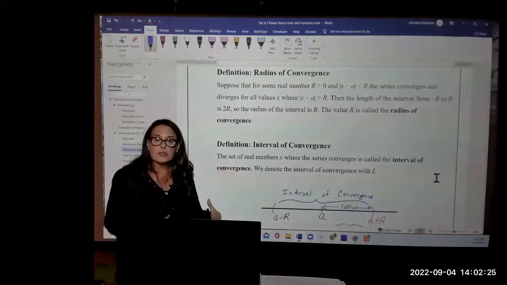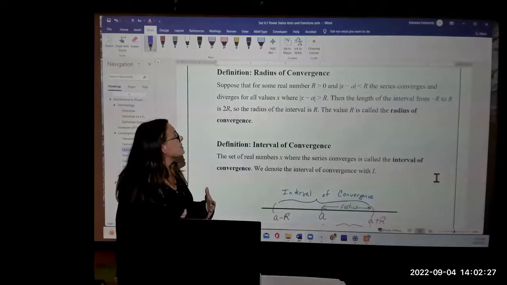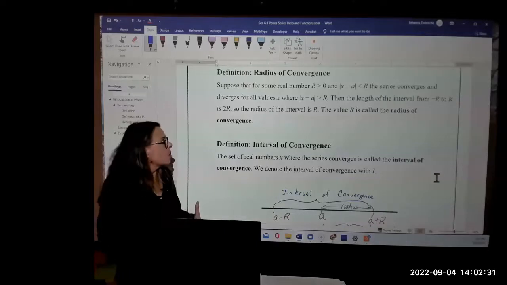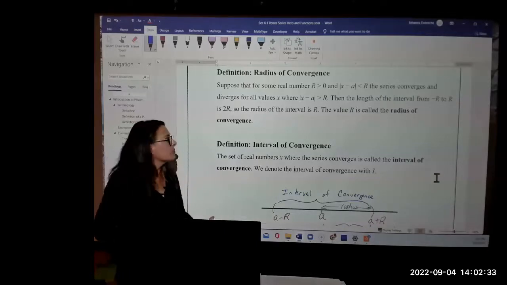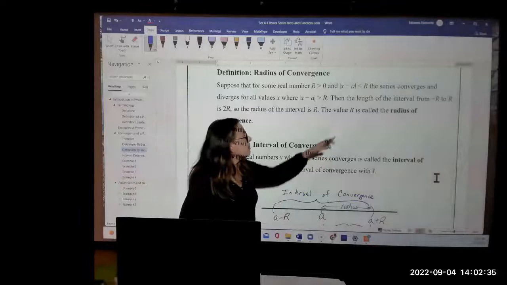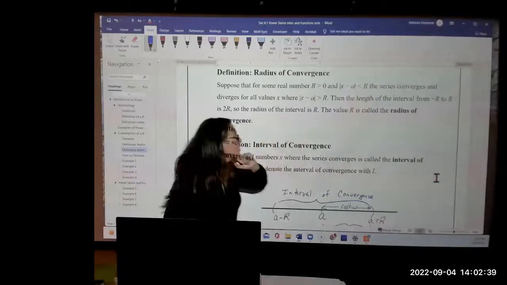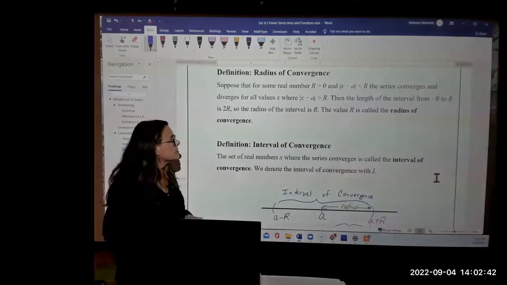Let's suppose that the power series is converging for some value of uppercase R, so on some subset of the real number line. So as long as the magnitude of x minus a is less than R, then the series will converge, and otherwise it diverges.